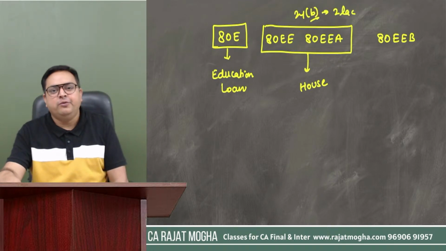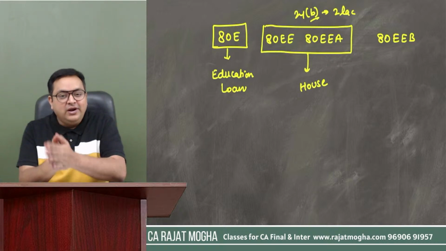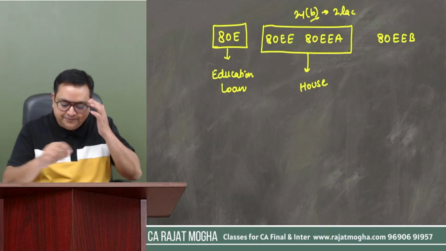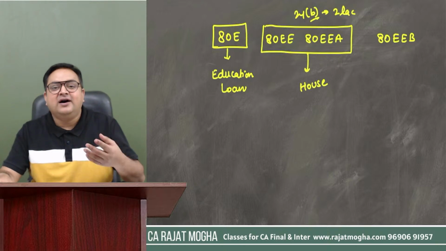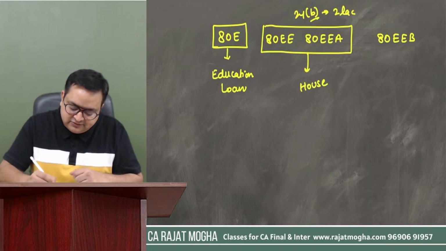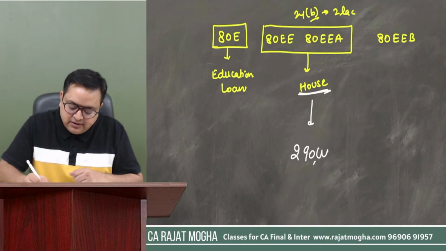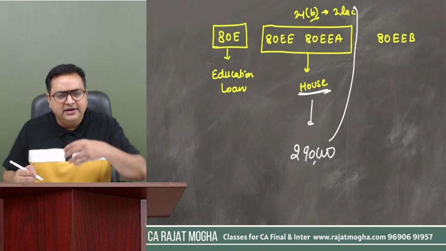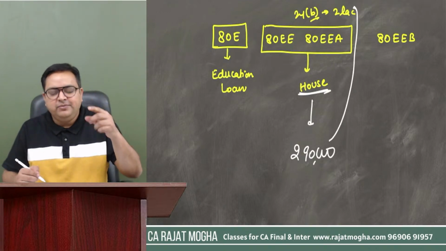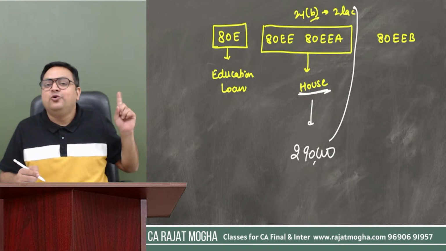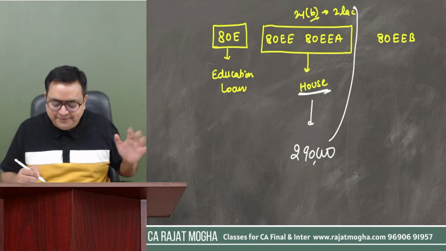For self-occupied property it is 2 lakh rupees only, and only when the assessee is following the optional, old tax regime. But let's say the assessee is paying more interest, for example, interest on housing loan is 2,90,000. We understand a maximum of 2 lakh can be claimed under 24B for self-occupied property, and only when that person is following the old tax regime.